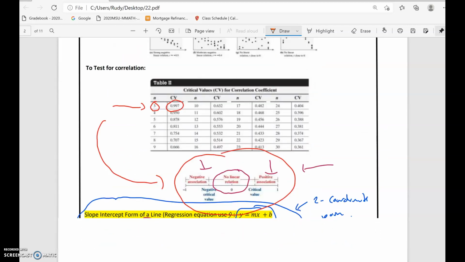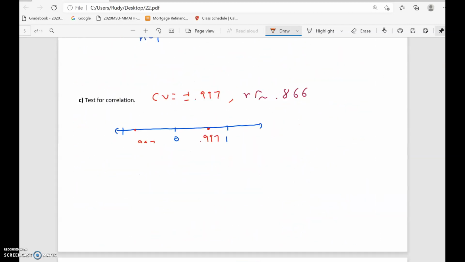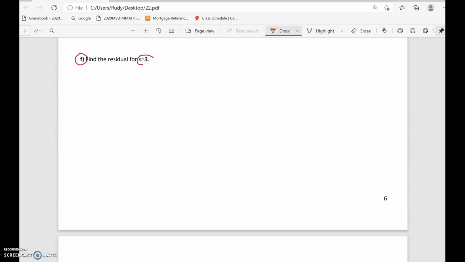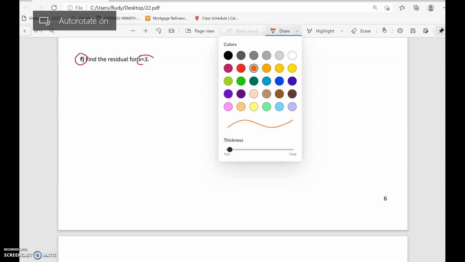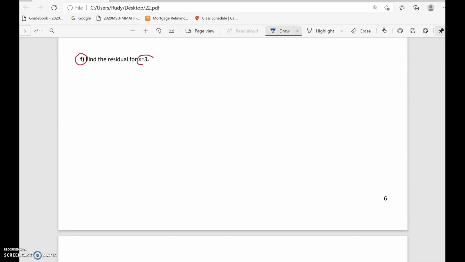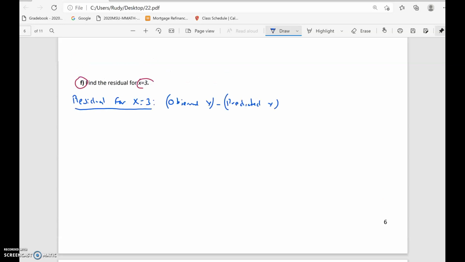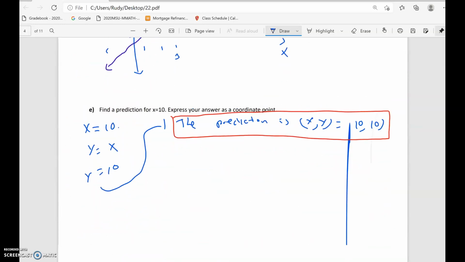So let me actually go back to this and let's rewrite it. So the residual for x is equal to 3 is going to be the observed y minus the predicted. I'm just rewriting the formula.